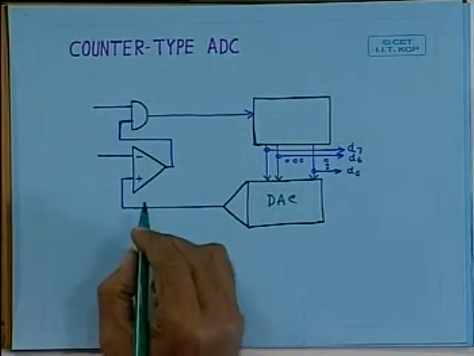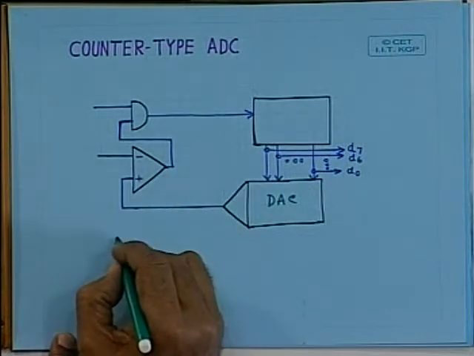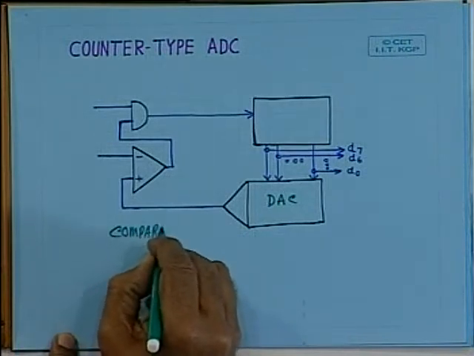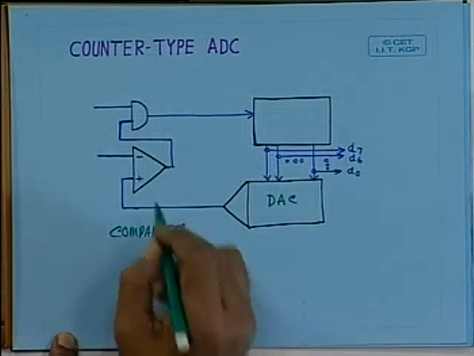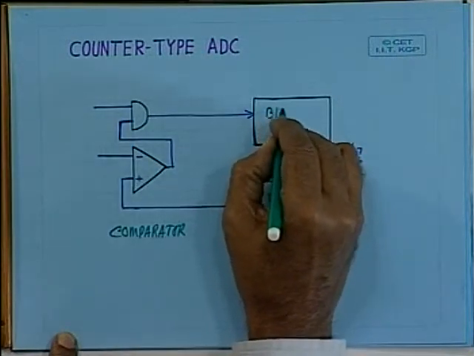Now here you require some building blocks. This is a comparator, which I have already explained. This is an AND gate, and this is your binary counter.